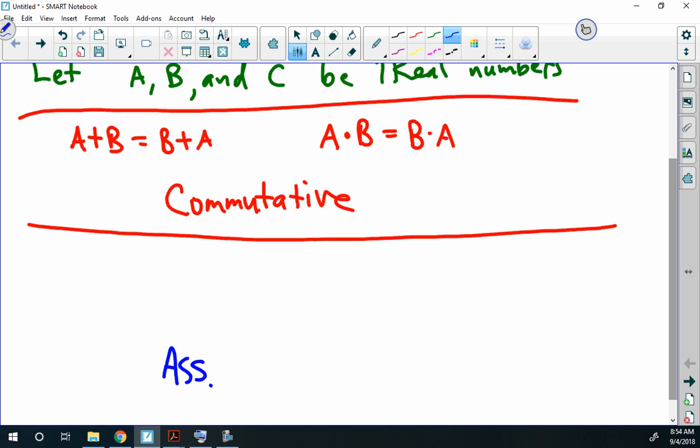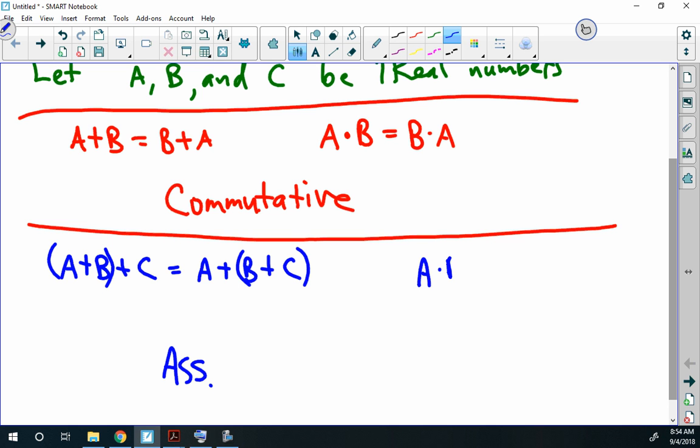Because it just says that A plus B plus C, if you group the first two first, you're going to get the same answer if you have A plus B plus C, and you group the last two first, you're going to get the same answer. And it works the same way with multiplication.